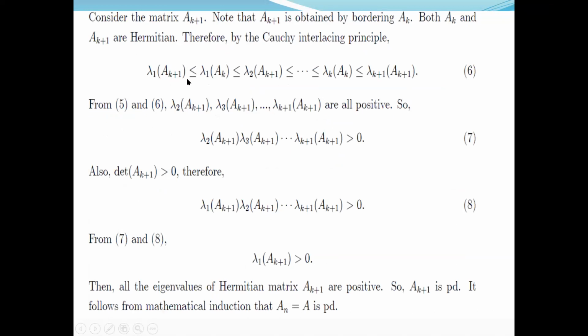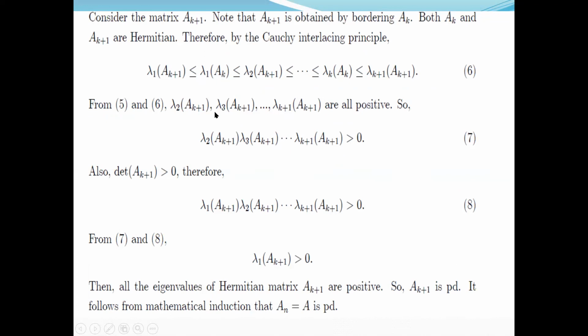So lambda 1 of A(k+1) is less than or equal to lambda 1 of AK, and so on up to lambda k of AK less than or equal to lambda (k+1) of A(k+1). From 5 and 6, because from 5 lambda 1 of AK is greater than 0, therefore lambda 2 of A(k+1) is greater than 0, up to lambda (k+1) of A(k+1) greater than 0.